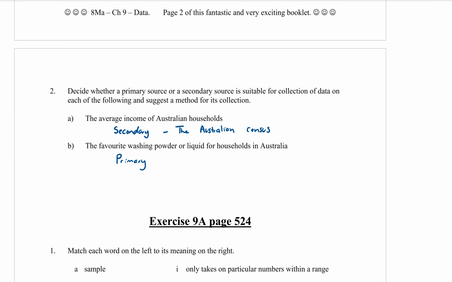And what you could do is take a sample of people coming out of the shop and just ask them what laundry detergent they bought. It doesn't have to be everyone. So let's just survey a few people as they leave the shops.